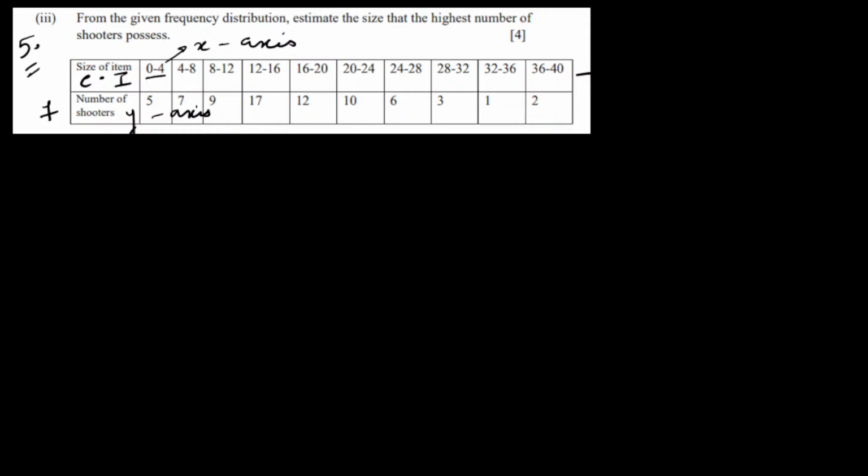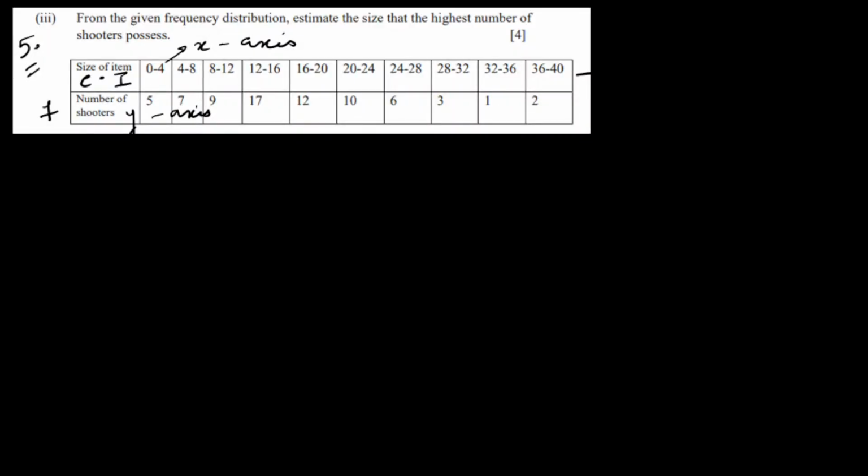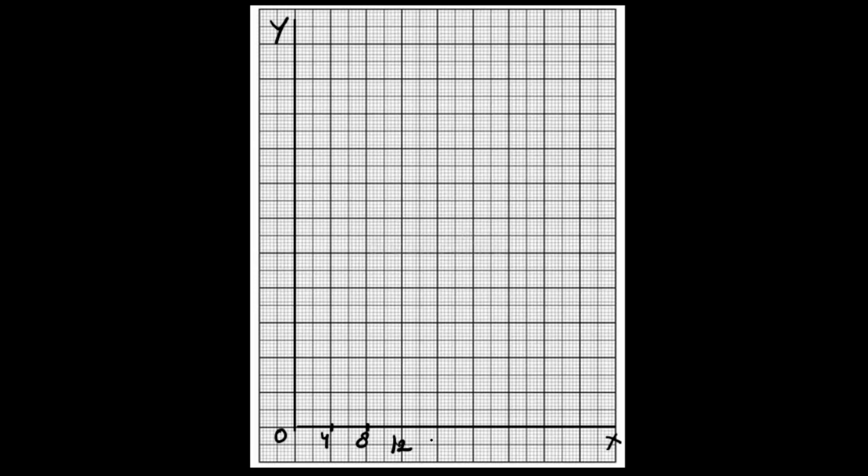As it is we have to take the intervals, 0 to 4, 4 to 8, 8 to 12, along the x-axis. So I can write 0, 4, 8, whatever class intervals are given, as it is we have to write. From 0 we are starting: 0, 4, 8, 12, 16, 20, 24.